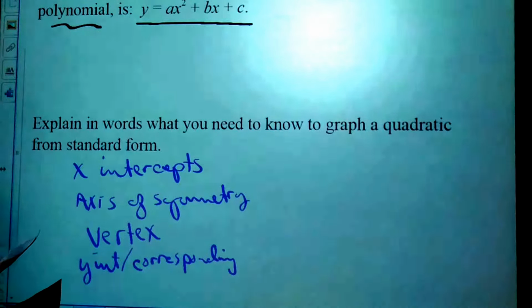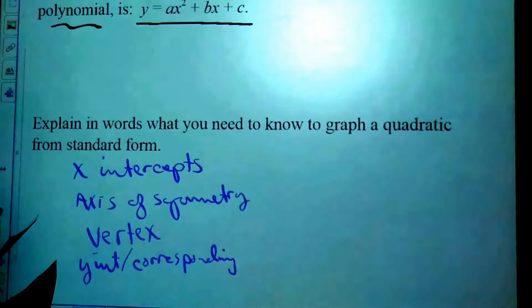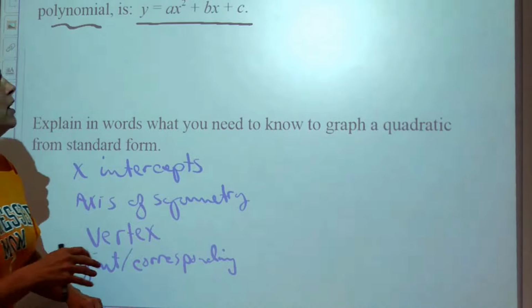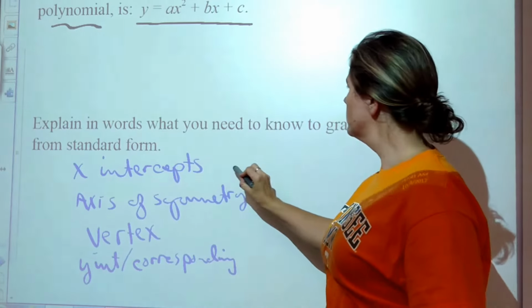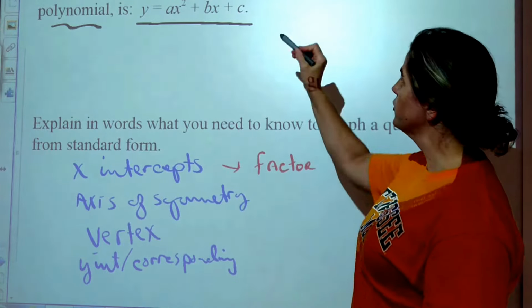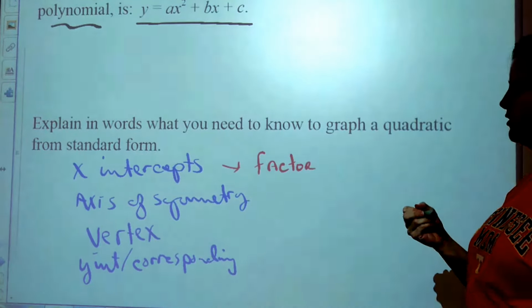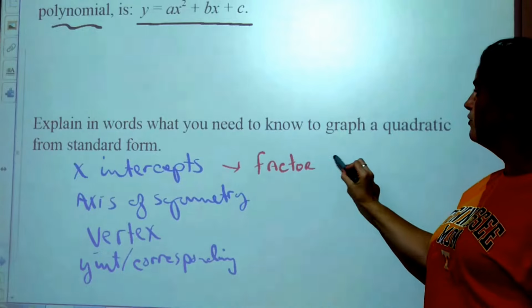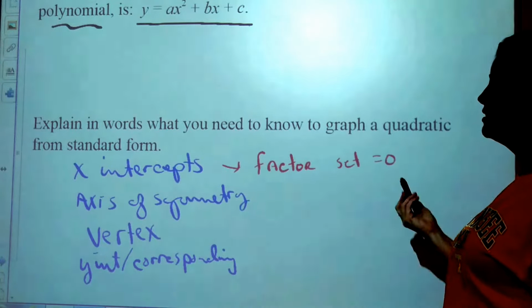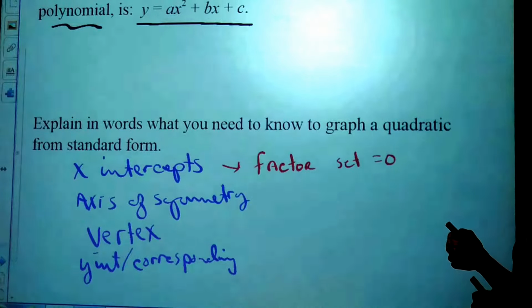Your next question asks you to explain how you would find those. So we're going to leave that on the same screen and do that. To find x-intercepts, you simply factor. That's why in standard form, a lot of times you want to factor. And then once you get your factors, you set equal to 0 and solve. That creates your x-intercepts for you.